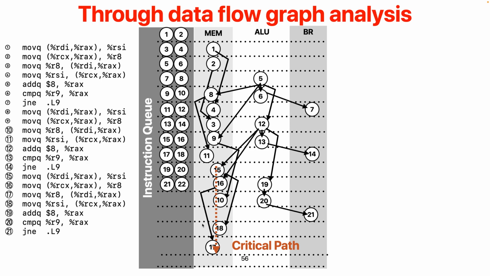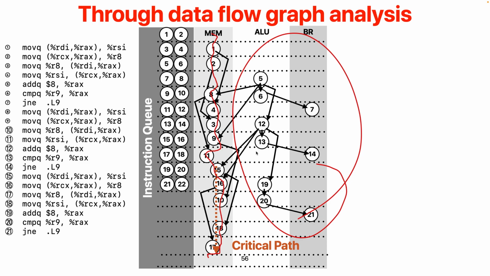What does that mean? If there's no way I can make this chain faster, there's no way I can improve the performance. Agree? If I try to optimize this part, does that improve the end-to-end latency? Not at all. If you look carefully, this side is what actually determines my performance.